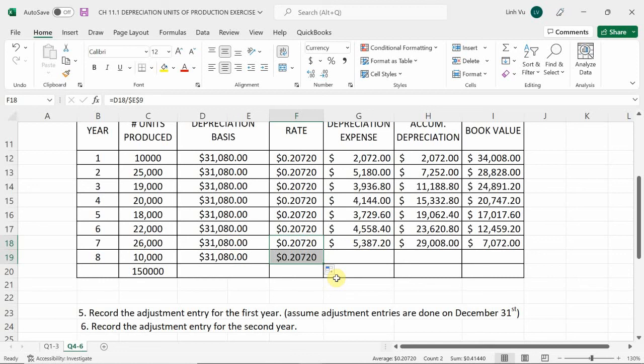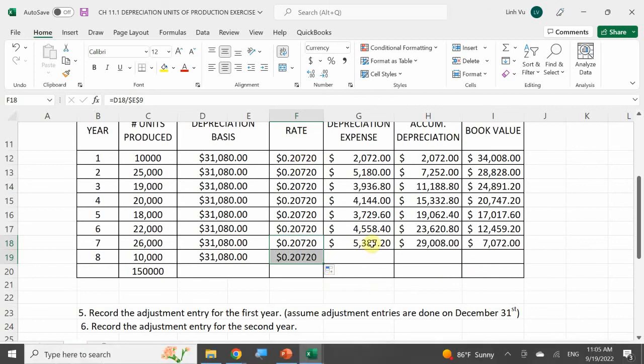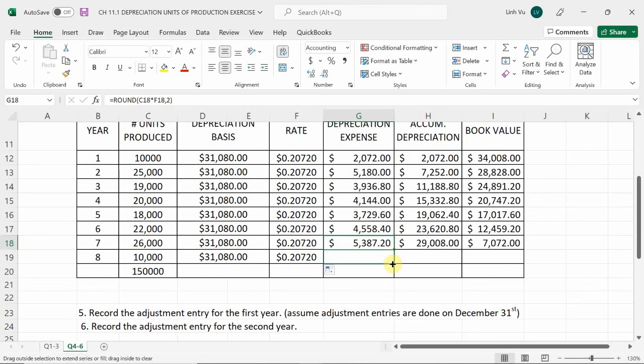So then if I can drive 10,000 more miles for year 8, how much depreciation expense do I have? I got 2,072.